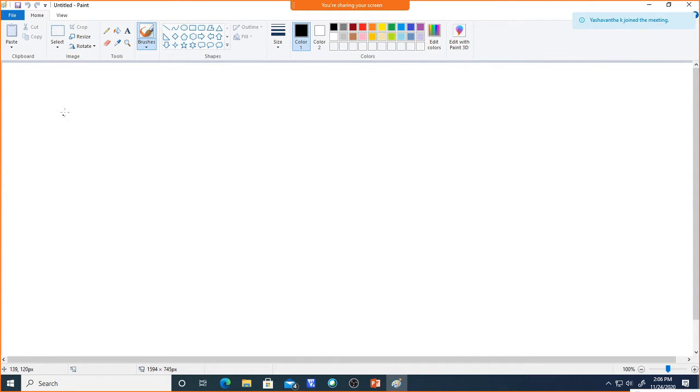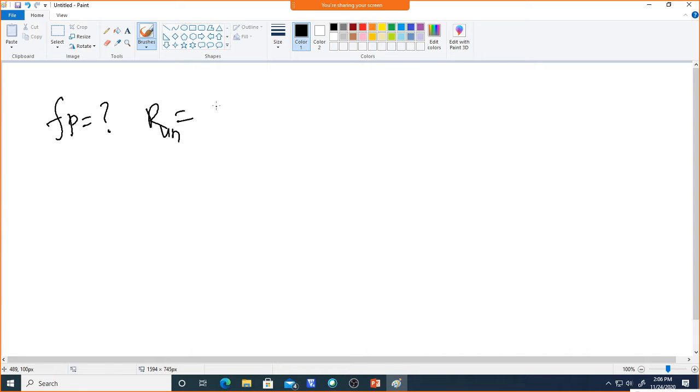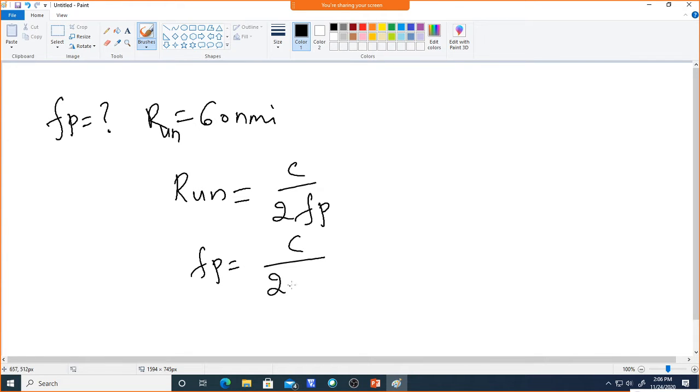What is your FP if the unambiguous range R unambiguous is 60 nautical miles? R unambiguous equals C by 2 FP. Now you want to find FP, so FP will be C by 2 into R unambiguous. First you convert this into meters.